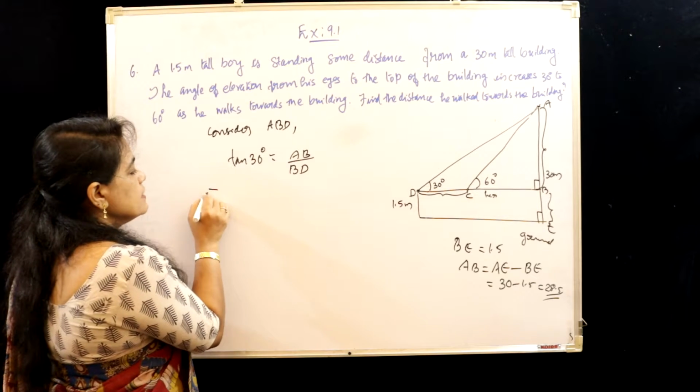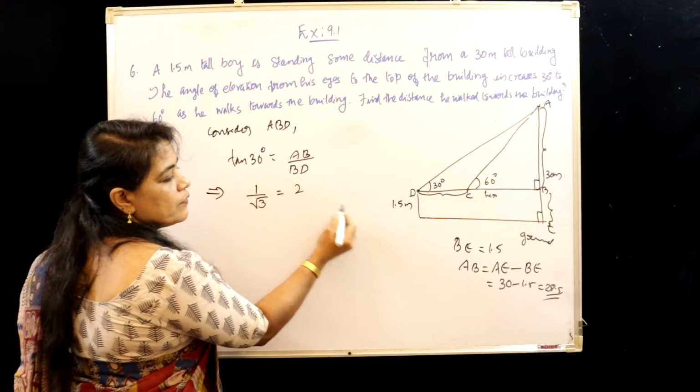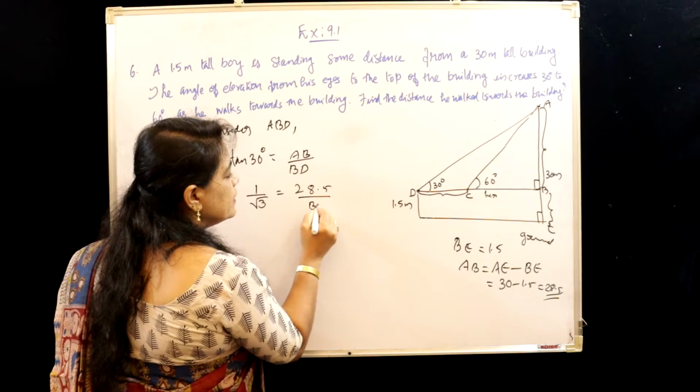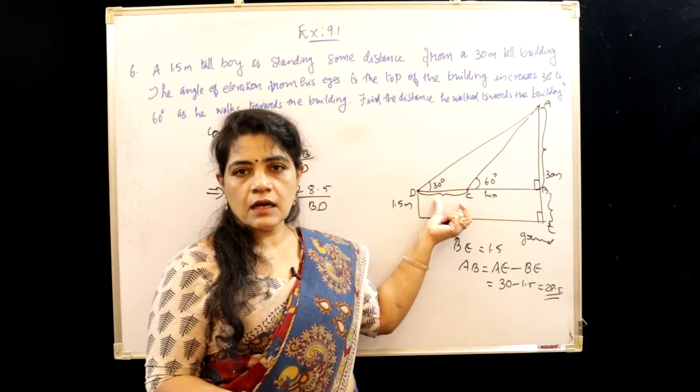We can substitute the value of tan 30 as 1 by root 3 equal to AB, that is 28.5, divided by BD.